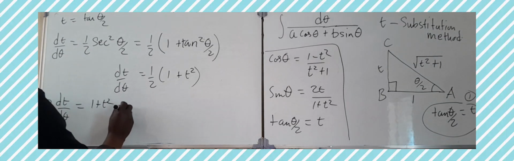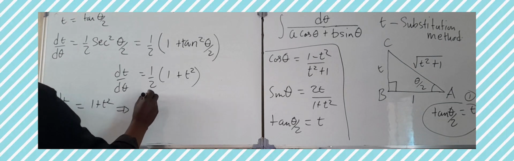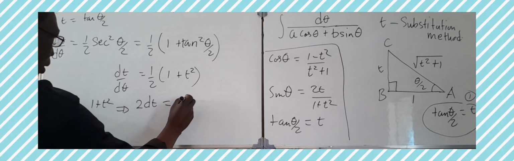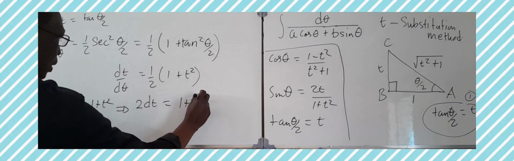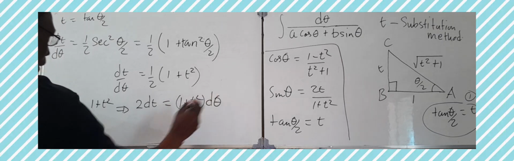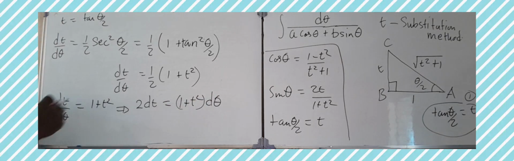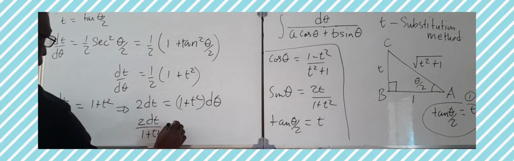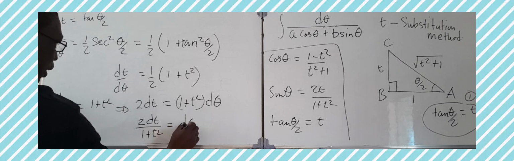Then we are left with 2 dt is equal to 1 plus t squared multiplied by d theta. You know where we are going, don't you? We divide both sides by 1 plus t squared. We now have 2 dt over 1 plus t squared is equal to d theta.